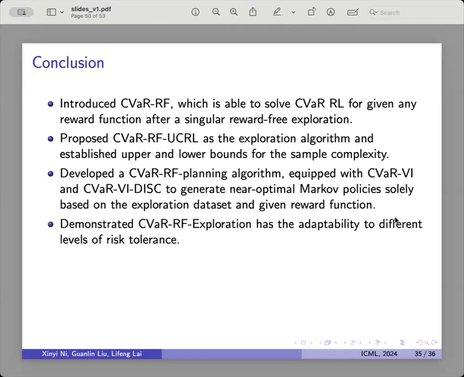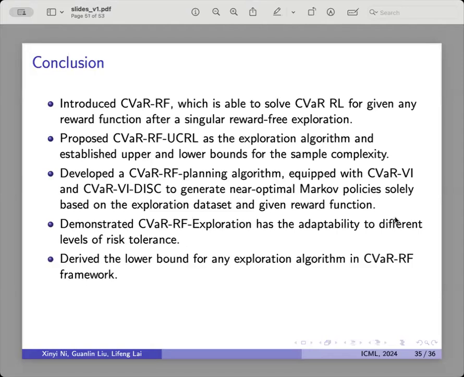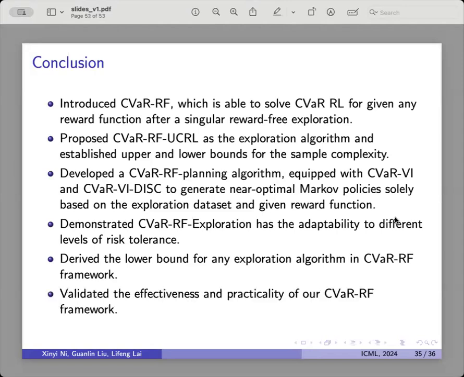And we also demonstrate the adaptability of our exploration algorithms to different levels of risk tolerance. And we also derive the lower bound for any exploration algorithm in the CVaR reward-free framework. We have also validated the effectiveness and the practicality of our CVaR-IF framework.